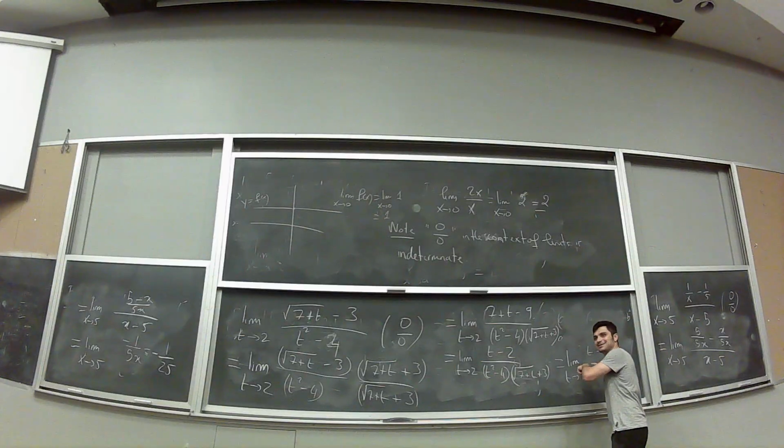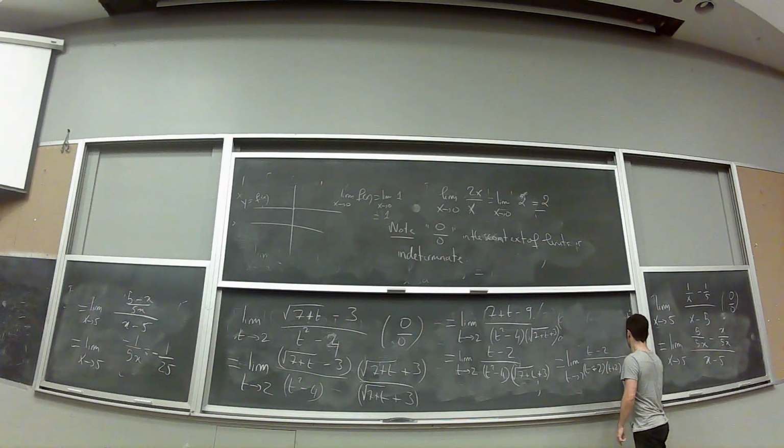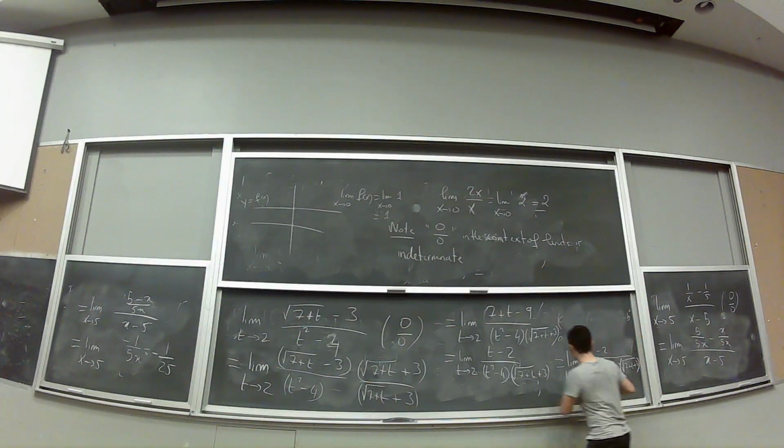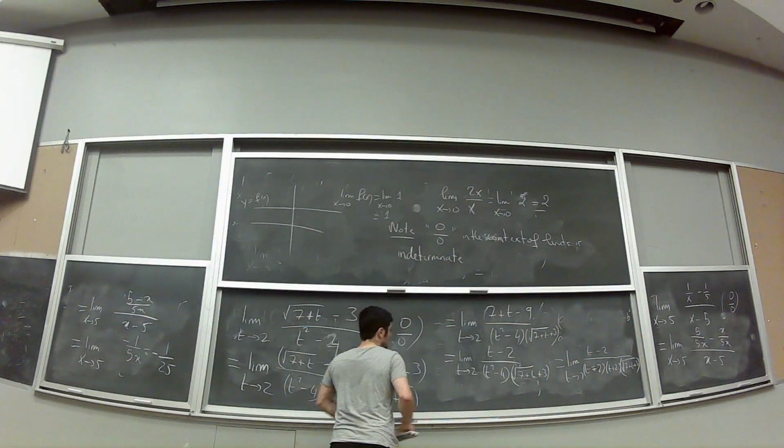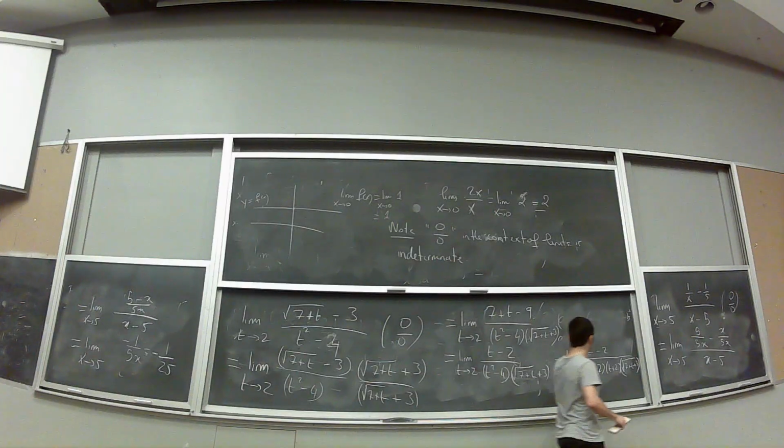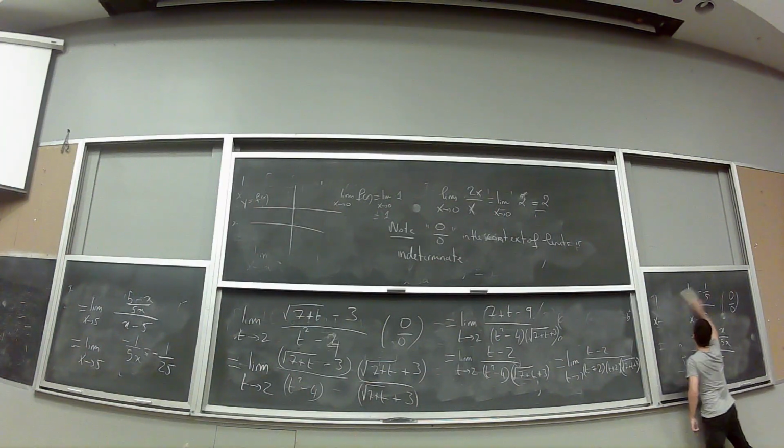So t minus 2 over t plus 2 times the square root of 7 plus t plus 3. Sorry about the handwriting. I just don't have a lot of space. And then what do you get? You cancel out the t minus 2. Let me rewrite.